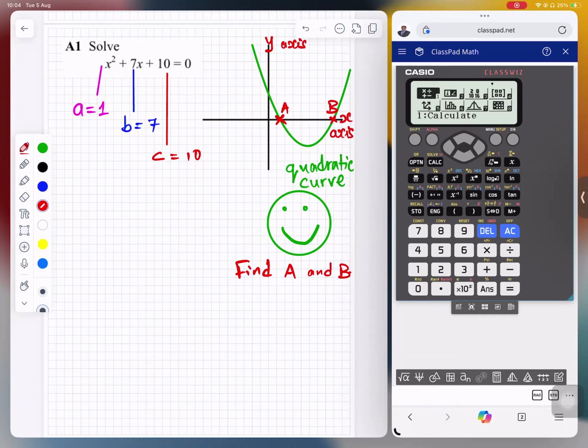The arrow in the middle, you press forward, forward, forward until you see equation. Let me know when you got up to equation. When you get up to equation, you press equals on the bottom right to accept it.